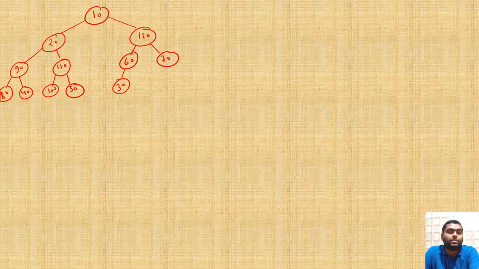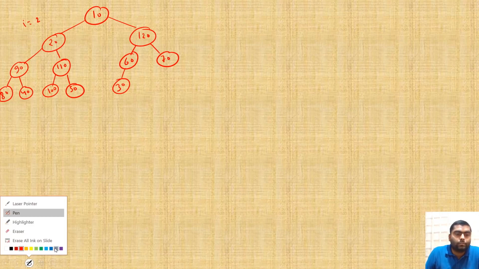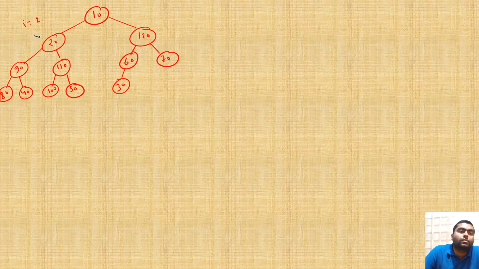So now next is i equals 2. For i equals 2, this particular part, the second node, this is again not a max. So 110 will go to the correct place, and 100. Similarly this will come here and this will come like this. So what will be the interchange after this?